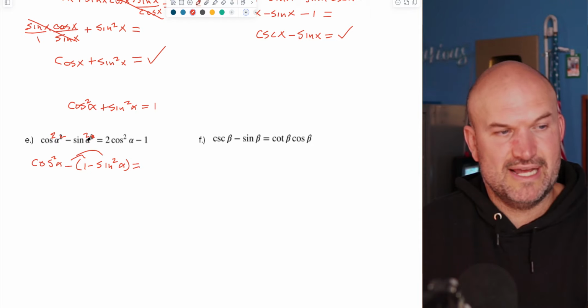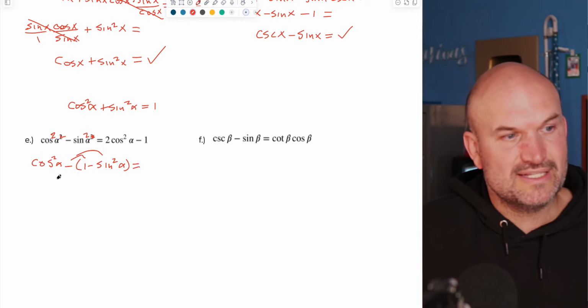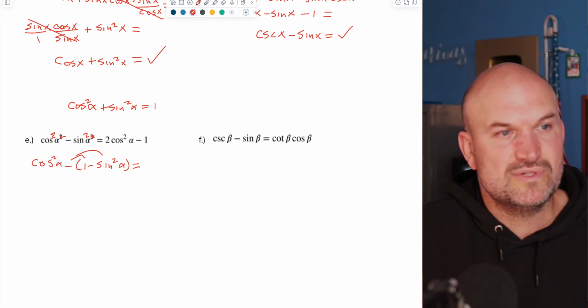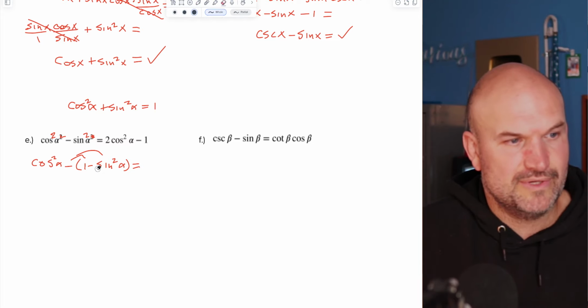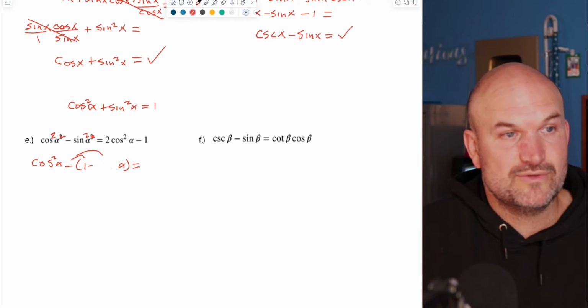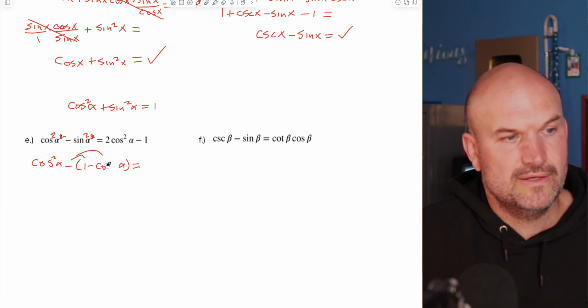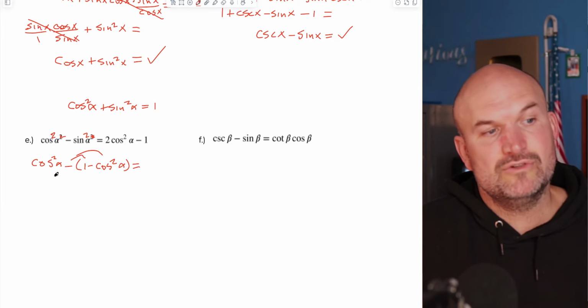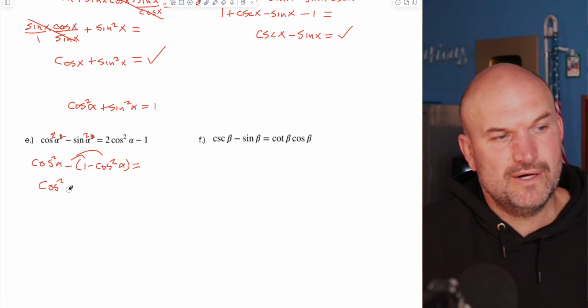Now I can distribute this negative. Oh, sorry, that's a cosine. Geez, come on, Mr. McLogan. That's a cosine squared of alpha, right? Now distribute that. You get cosine squared of alpha minus 1 plus cosine squared of alpha.